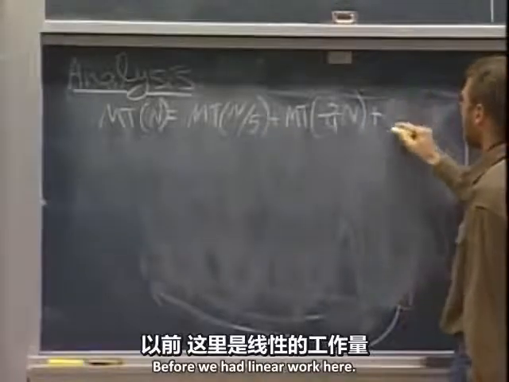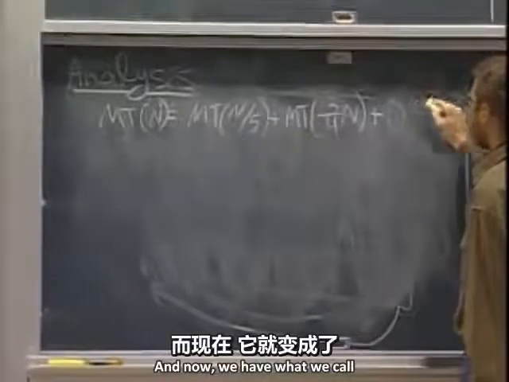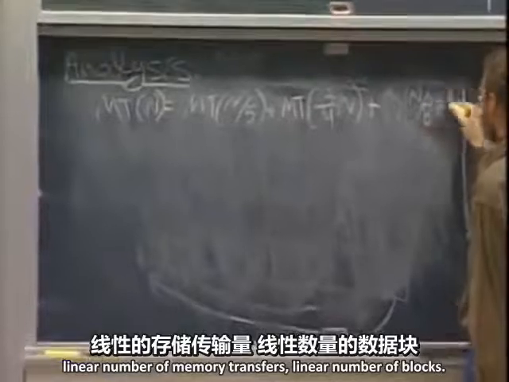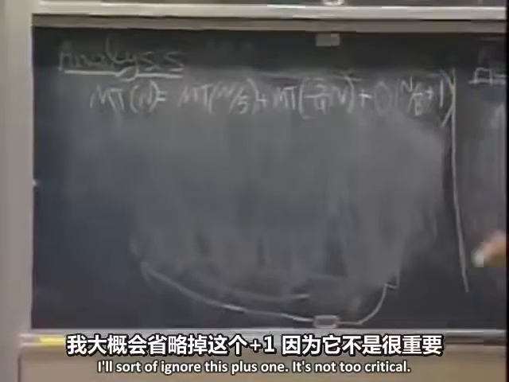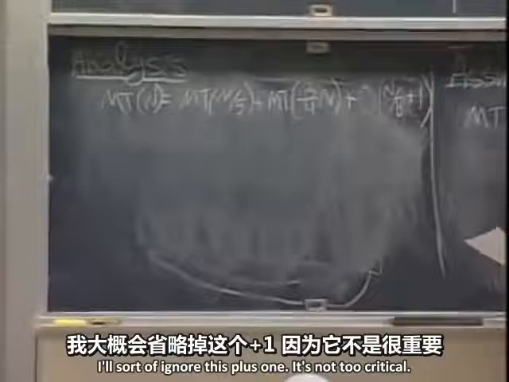Before we had linear work here, now we have what we call a linear number of memory transfers, a linear number of blocks. Okay, I'll sort of ignore this plus 1. It's not too critical.